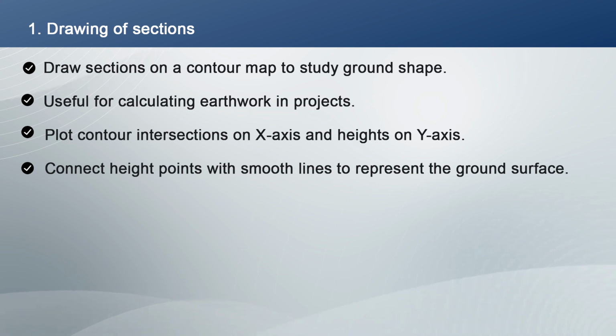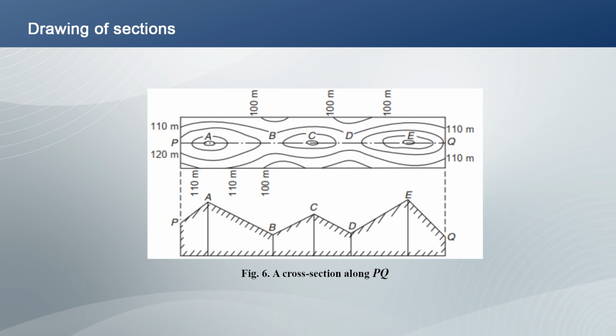Plot the points at which various contours intersect the line PQ along the x axis and their corresponding heights are plotted along the y axis to any convenient scale. The ends of the perpendiculars representing the contour heights may then be joined by smooth straight lines to give the configuration of the ground surface. For this, you can see figure number 6.